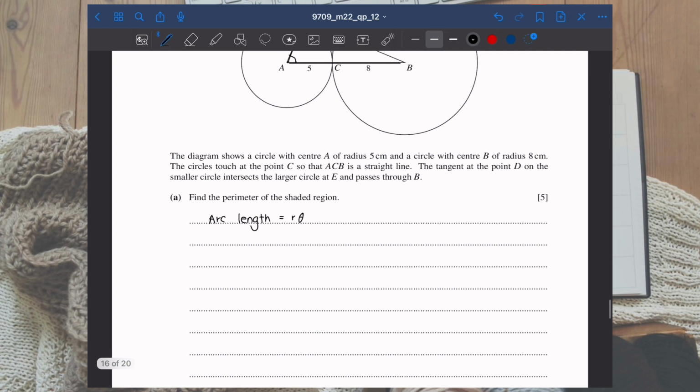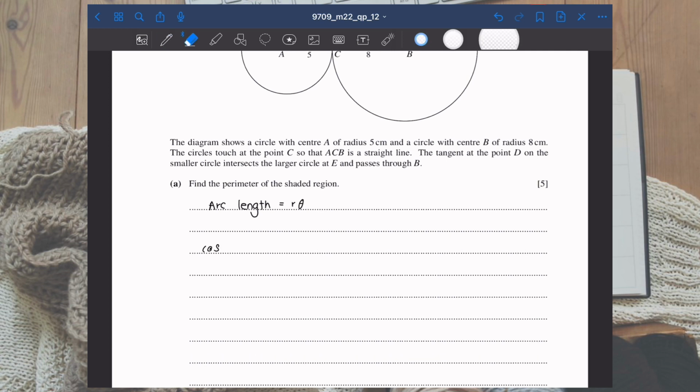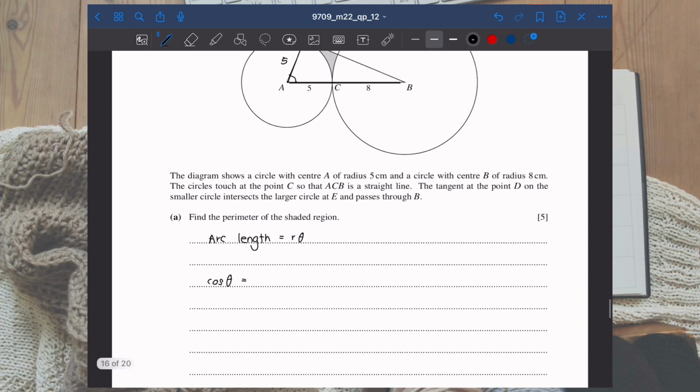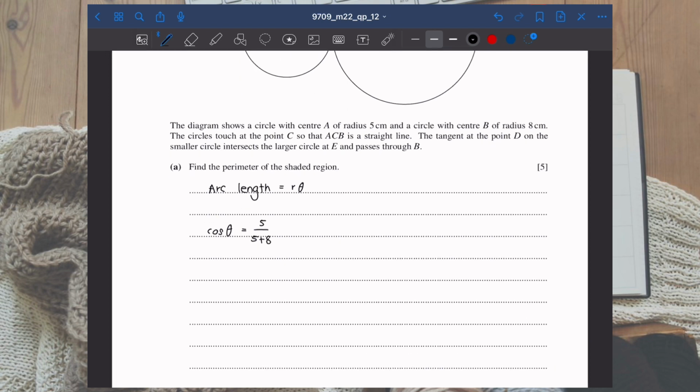So we can use the formula cos theta equals 5 over 5 plus 8. So theta will be cosine inverse of 5 over 13, which will give us 1.176 radians. In the formula r theta, our theta will need to be in radians.